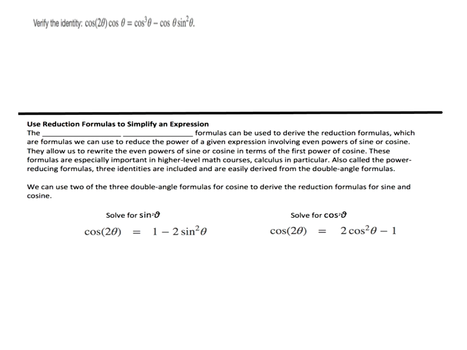So we start out with cosine 2 theta times cosine theta. And we're trying to show that that is the equivalent of cosine cubed theta minus cosine theta times sine squared theta. So what I did here was I used this identity.